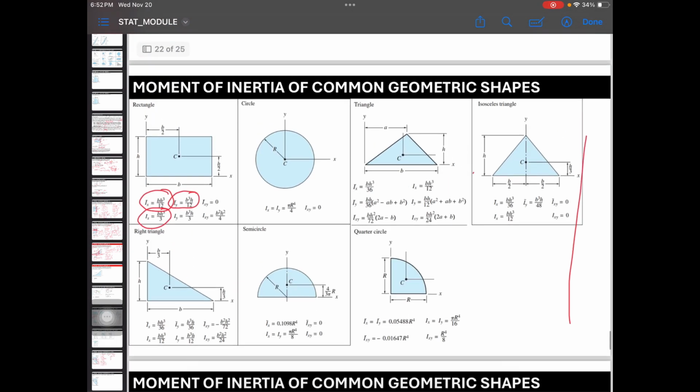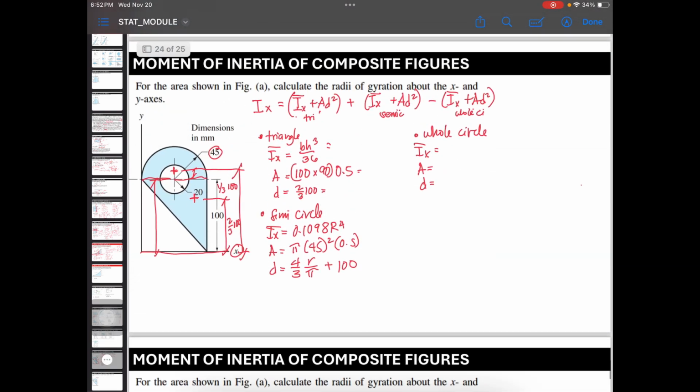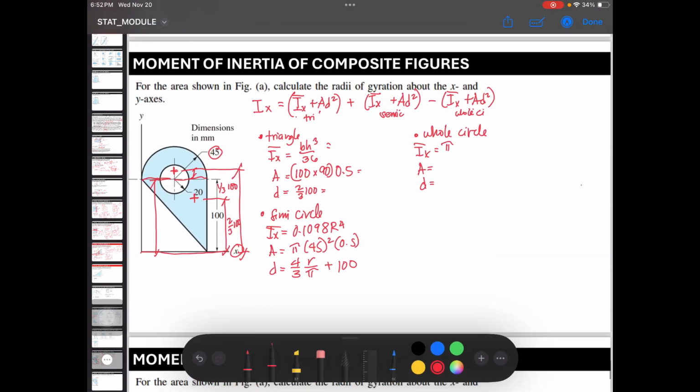Ano ang Ix bar niya? Pi r raised to 4 over 4. Area niya, of course, pi r squared. Buo yan. Hindi siya i-divide sa 2. And then 100 distance. So, compute natin isa-isa.